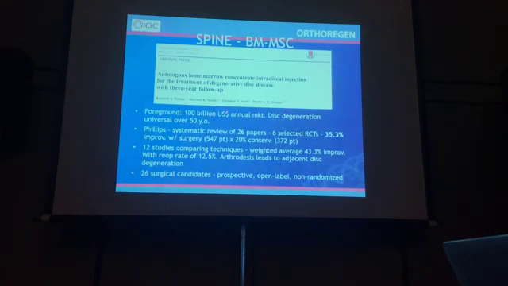This degeneration, however, is universal above 50 years of age. Everybody has it. Well, Phillips made a systematic review of 26 papers and selected 6 RCTs comparing conservative treatment, which rendered 20% improvement of patients, and arthrodesis, which rendered 35% improvement.